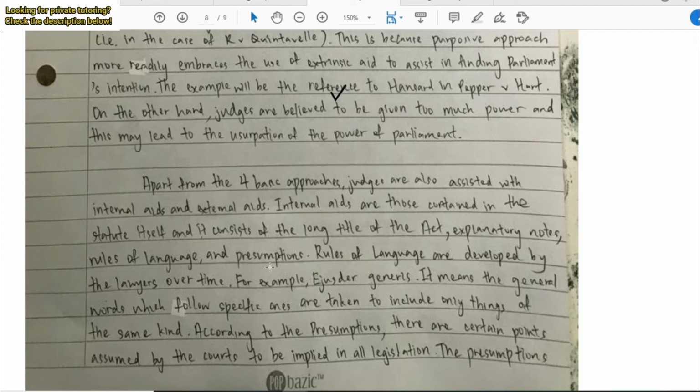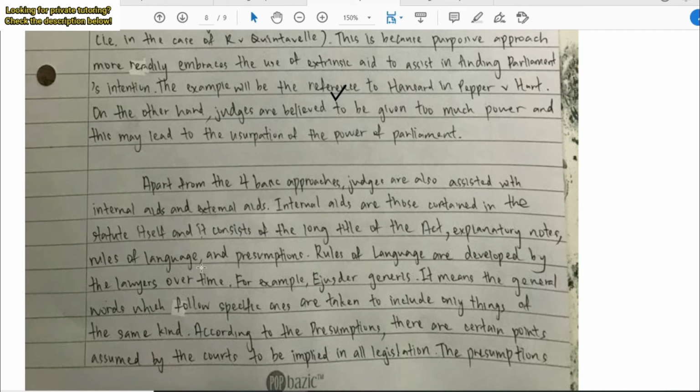Rules of language still use the words in the Act of Parliament, so to me it is still categorized under the literal approach, not the purposive approach. But you can put them in subcategories.